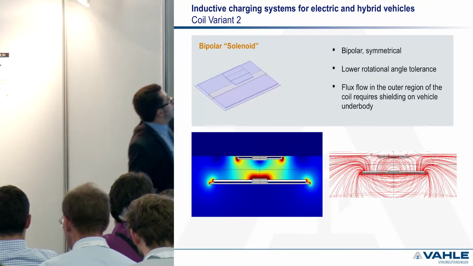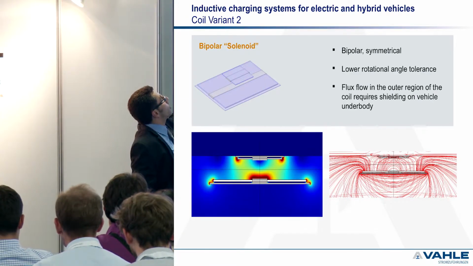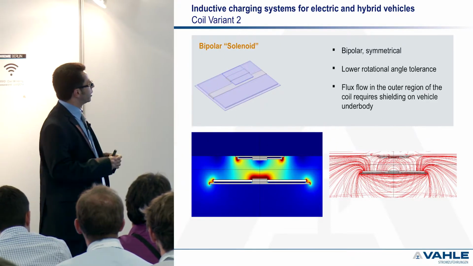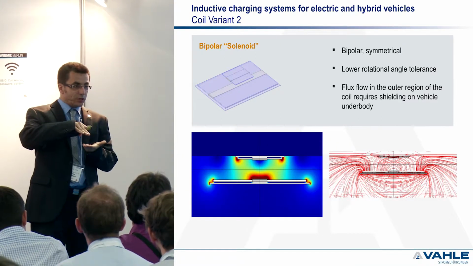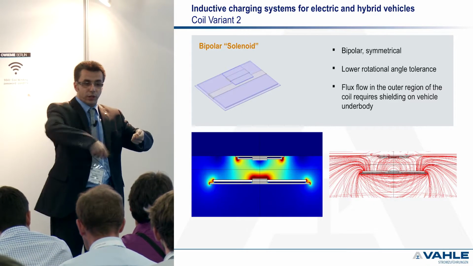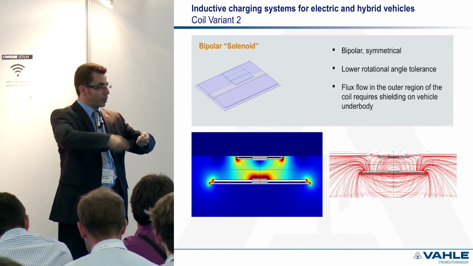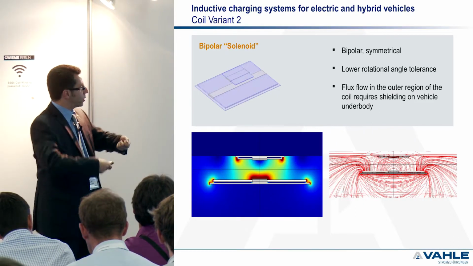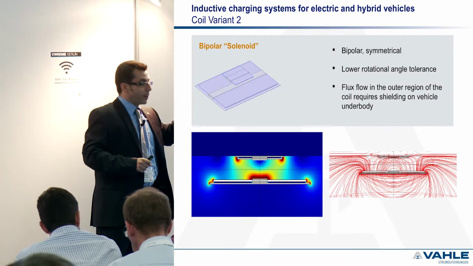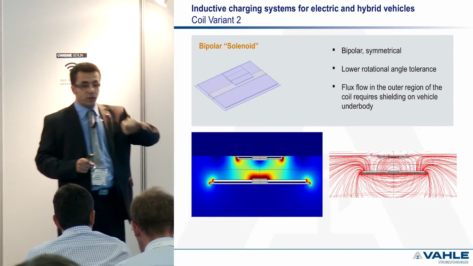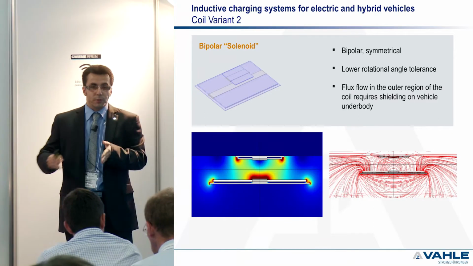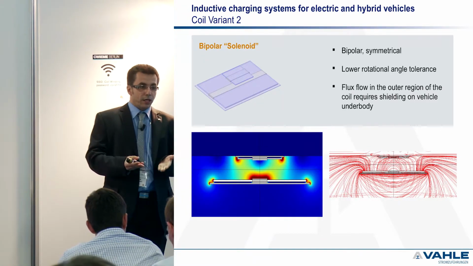If this is the smaller coil, the coil on the vehicle, you've got copper on the top because it's actually only a ferrite core, and you just have to put some copper around it, so it's very easy to manufacture. But this is a drawback. You've got current flowing on the top of the coil. This means you are going to produce a magnetic field underneath the car.